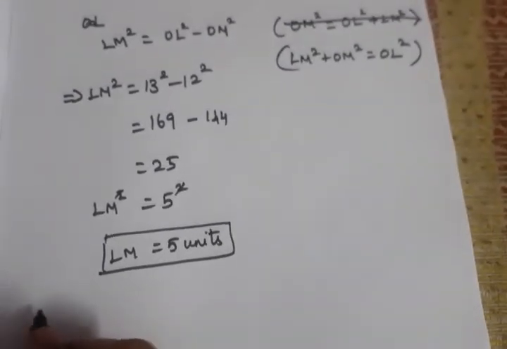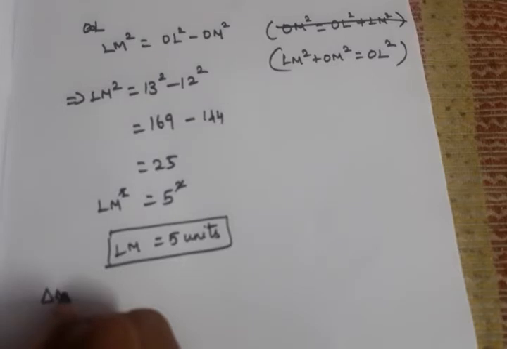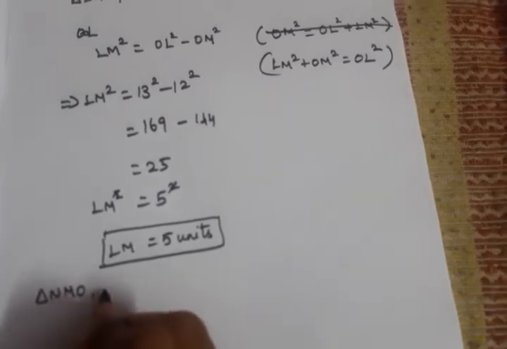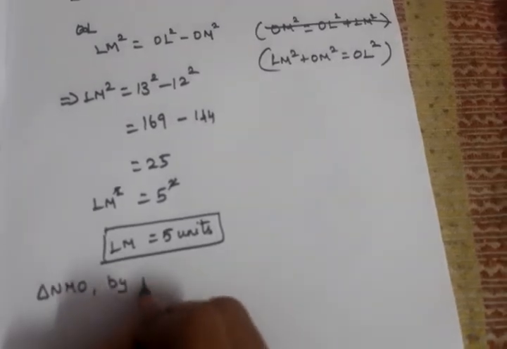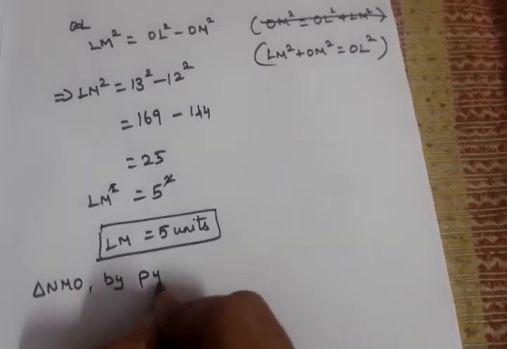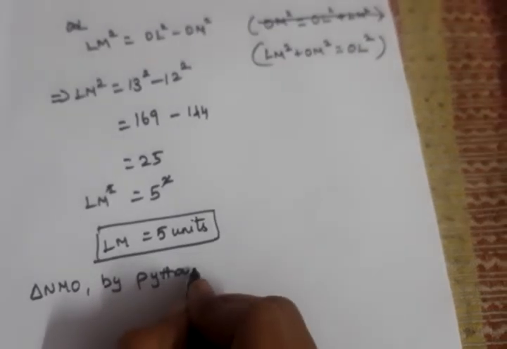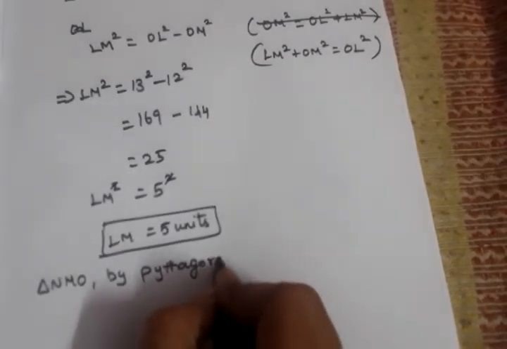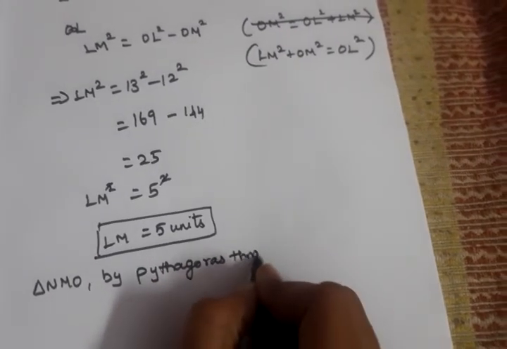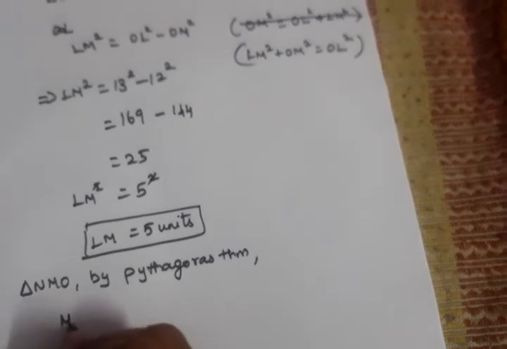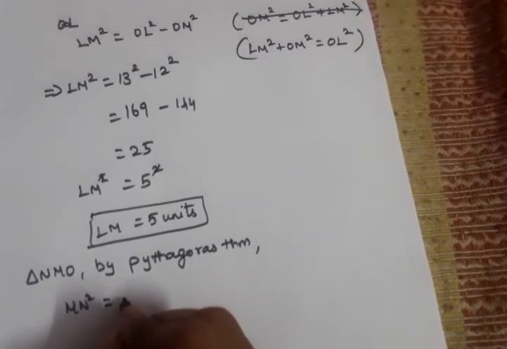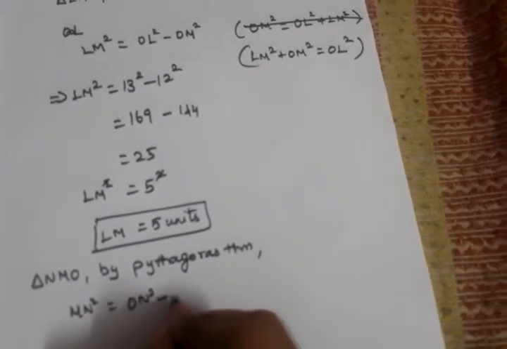The next triangle NMO, by Pythagoras theorem. MN square equal to ON square minus OM square.